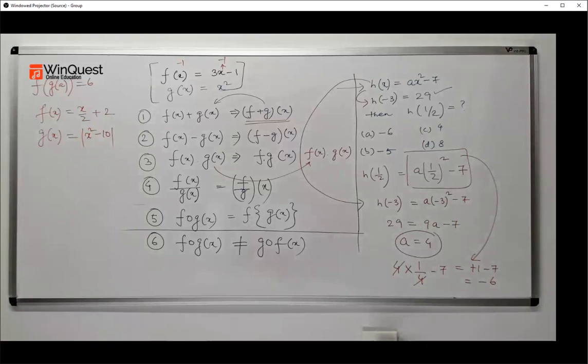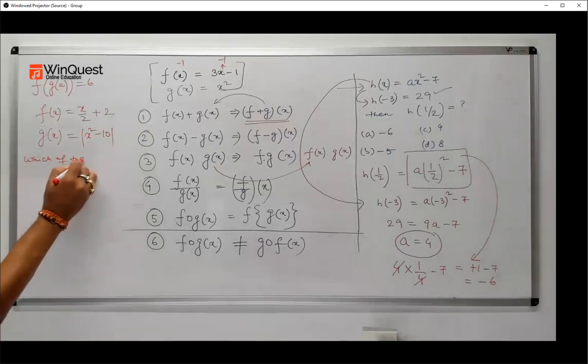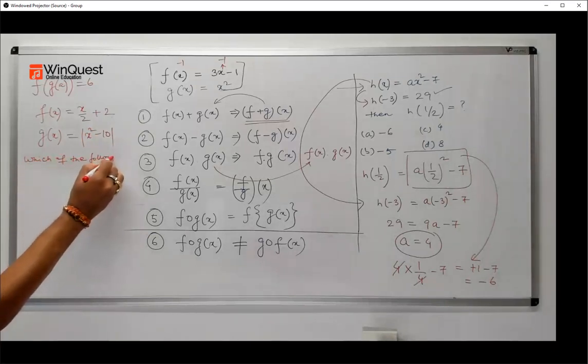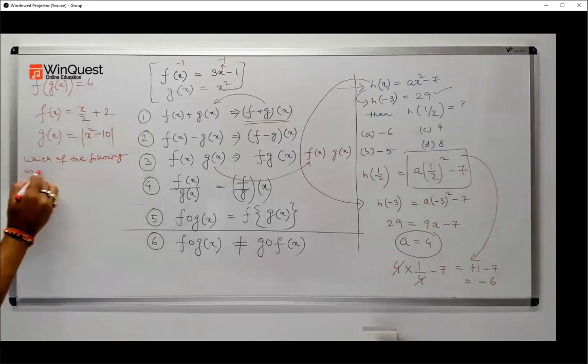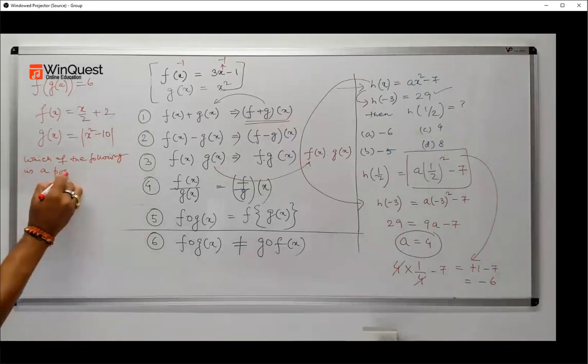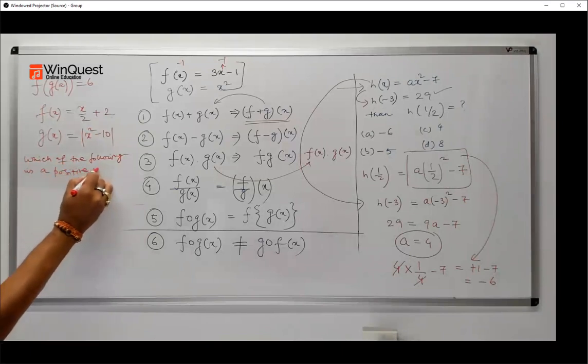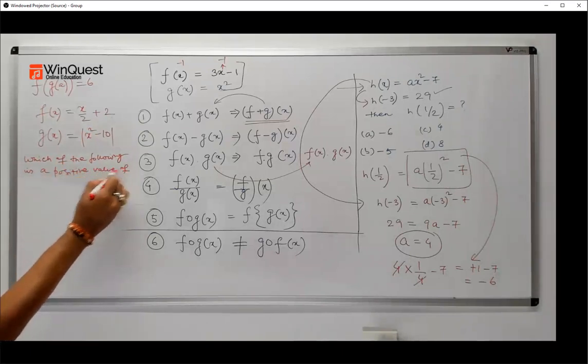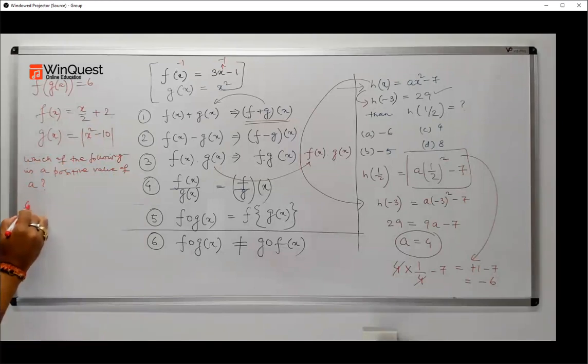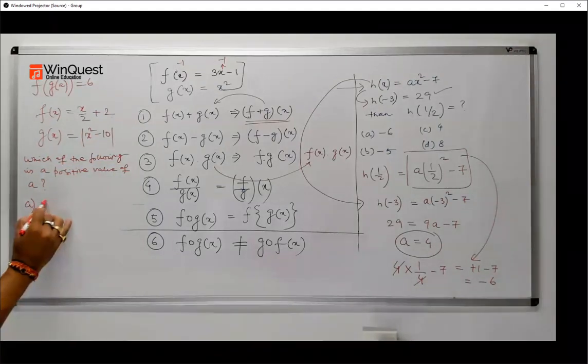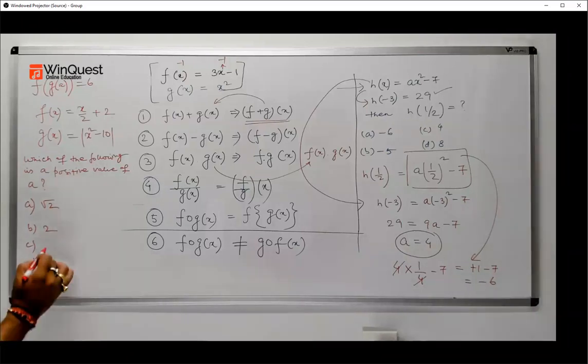Which of the following is a positive value of a? Options given: A, B, C and D: square root of 2, 2, then 6 and 18.